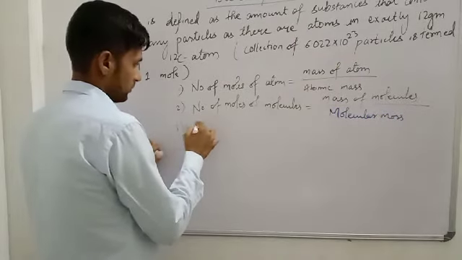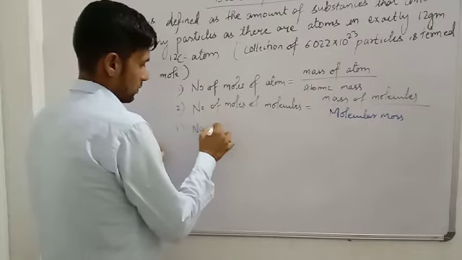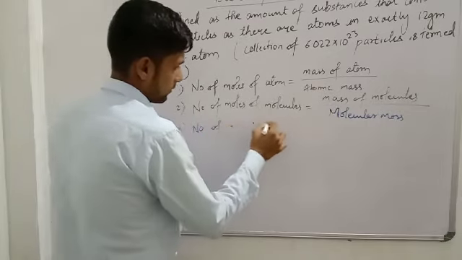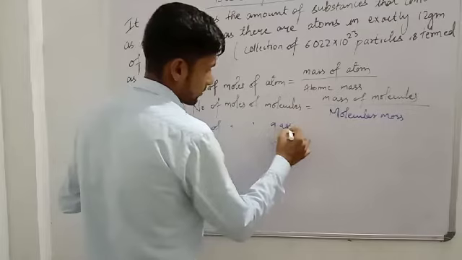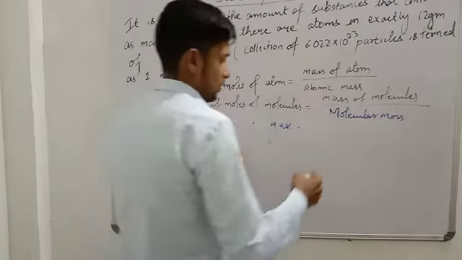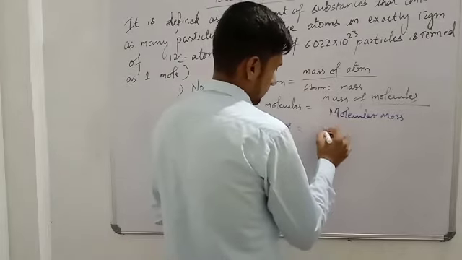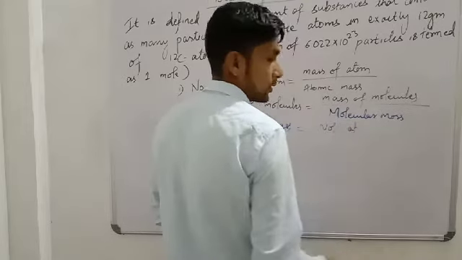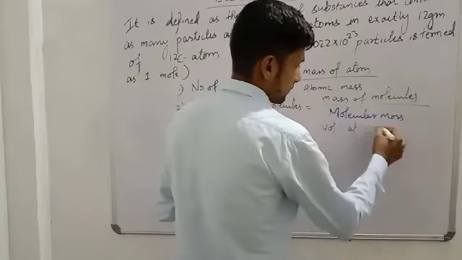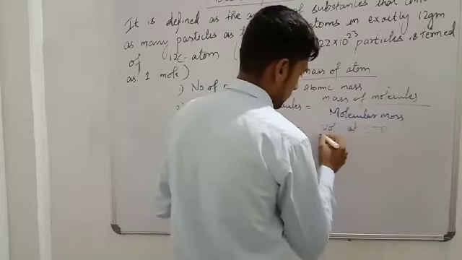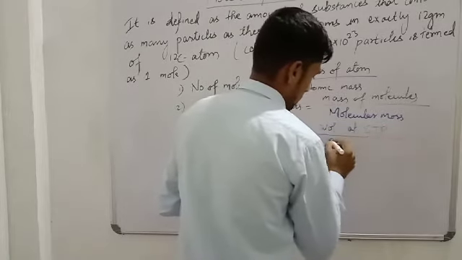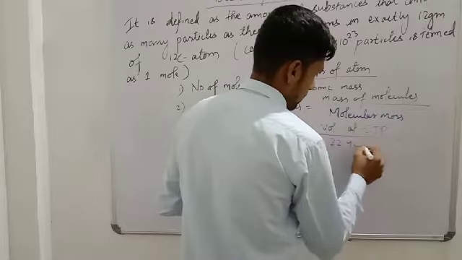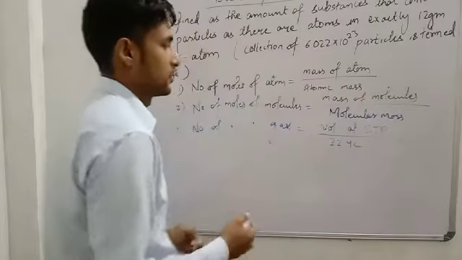Number 3, number of moles of gas. Volume of that particular gas at STP divided by 22.4 liter, you will get the number of mole.